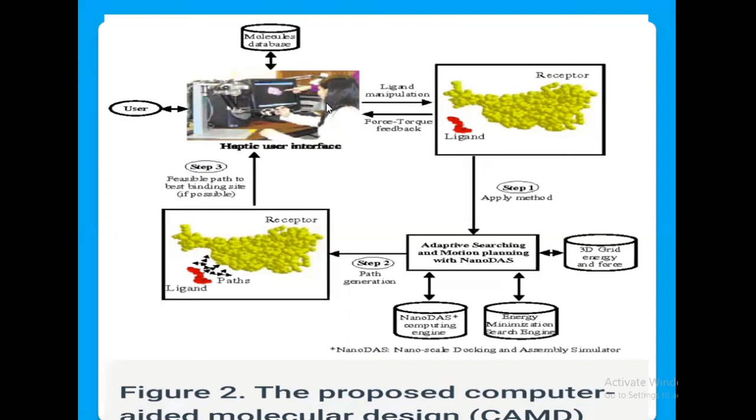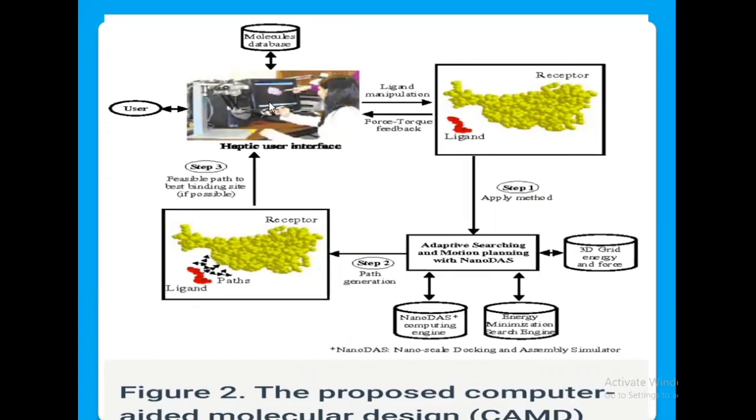And once your ligand manipulation is done, you have got a structure. You can either give it to the user, or you can give it to somebody else, and you can recheck it, and you can get the feedback also. If the feedback is good, correct, then your design is correct. That is, the drug is functioning properly. This ligand is properly binding the receptor.